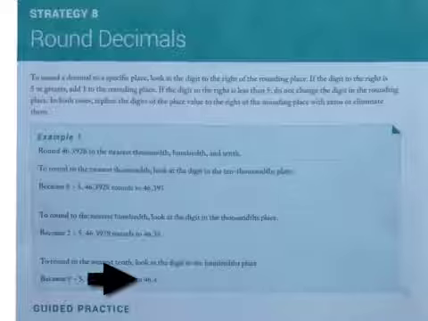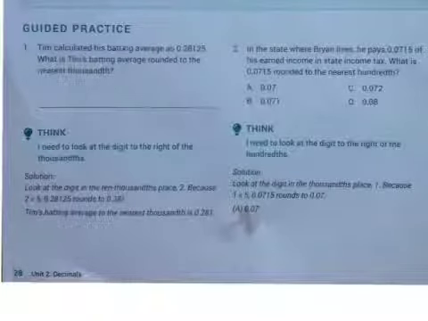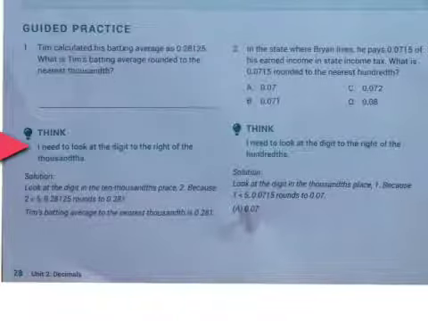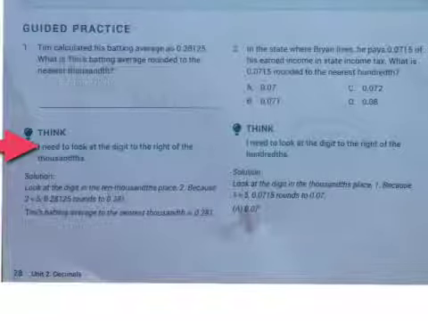So let's go and look at our guided practice. Okay, on our guided practice, it reads, Tim calculated his batting average as 0.28125. What is Tim's batting average rounded to the nearest 1,000th? So here it's going to tell us to think. It says, I need to look at the digit to the right of the 1,000th place.